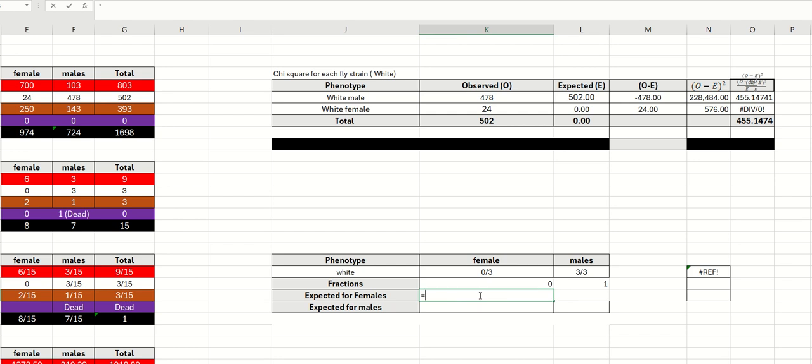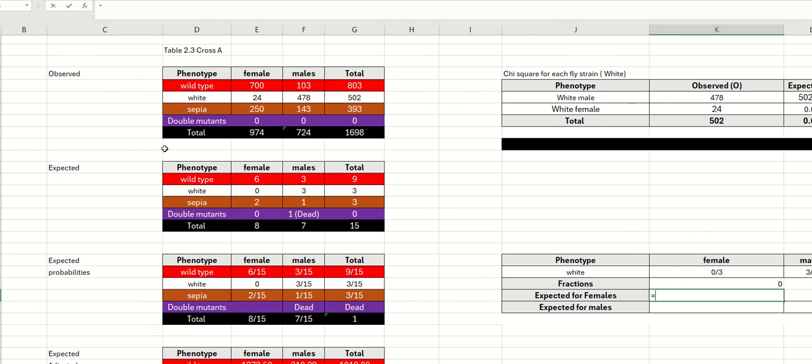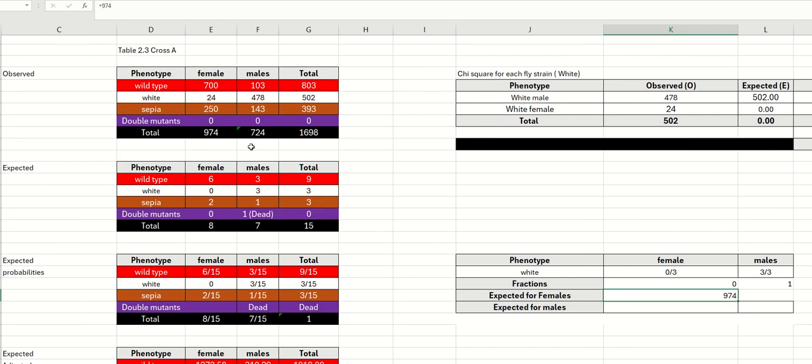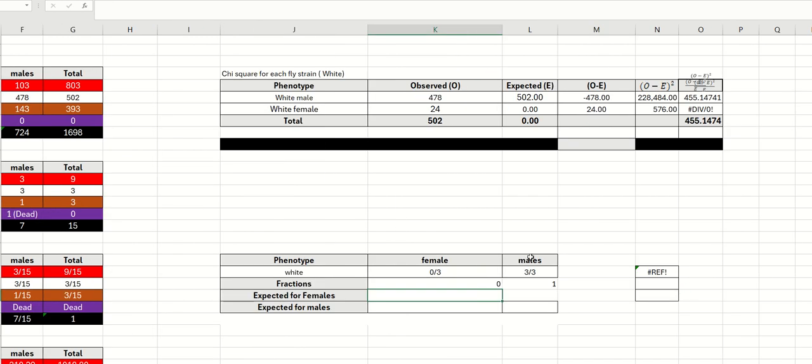So how do we calculate expected females? Pretty easy. Expected females will be our total, which in this case, for the females, is 502, and here 502 again.